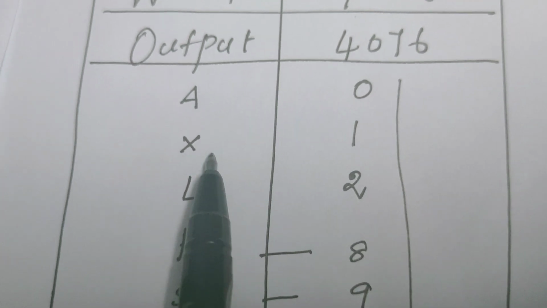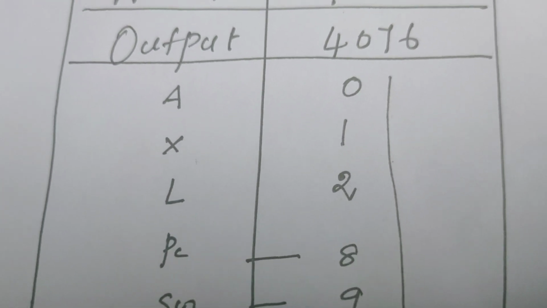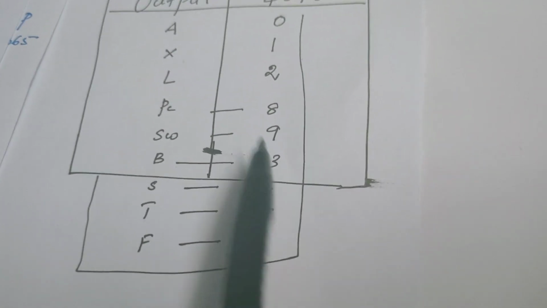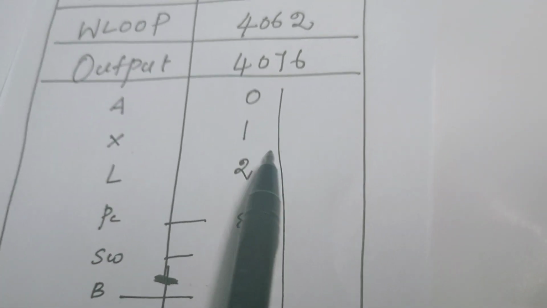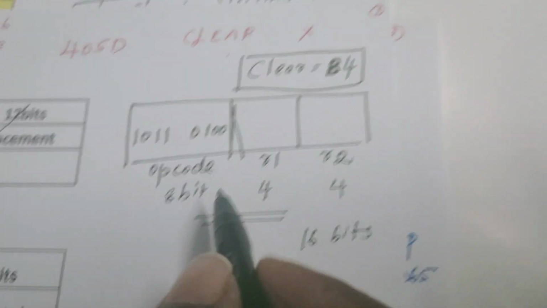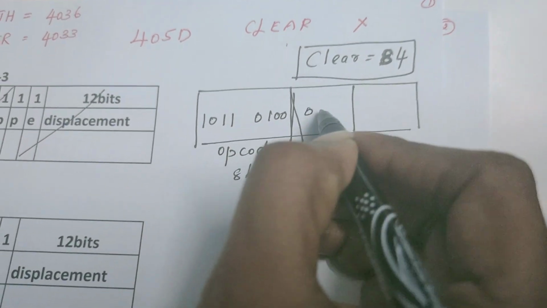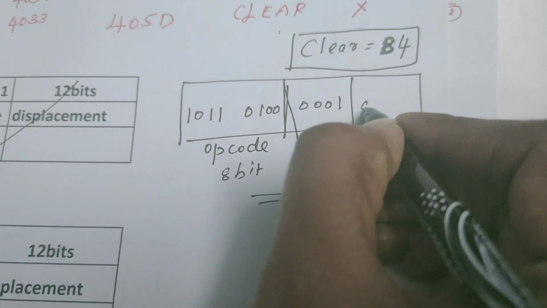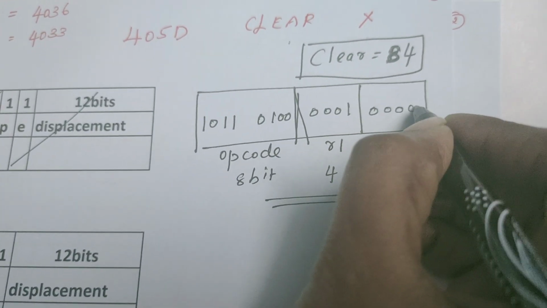A is 0, X is 1, L is 2, B is 3, S is 4, T is 5, F is 6. So for X it is given as 1. That is the hexadecimal address of the X register that I am going to write here in binary format: 0 0 0 1. Since there is no second register reference here, by default we will write it as 0.